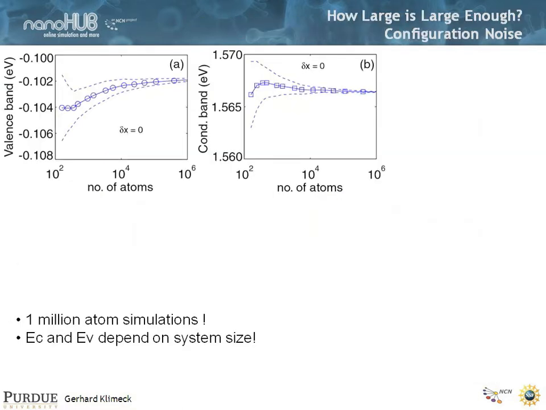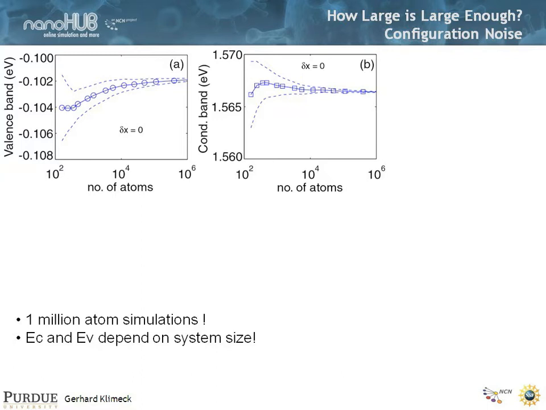Okay, so I'm ramping down this presentation with how large you would have to make a system for these fluctuations to go away. So again, we set the concentration to exactly one value, and we trace the expectation value of the valence band and the conduction band edge as a function of atoms in the system.